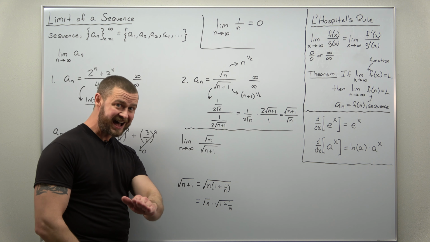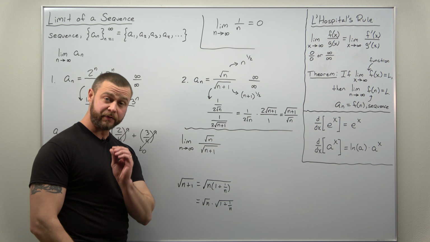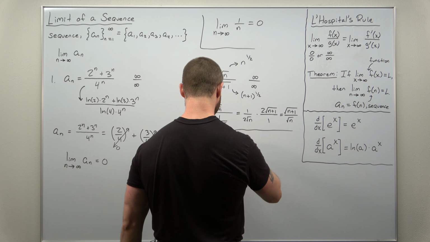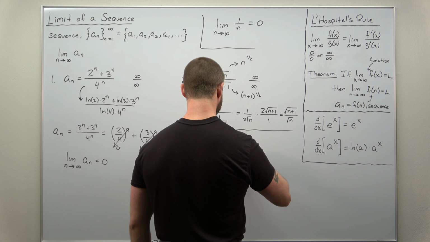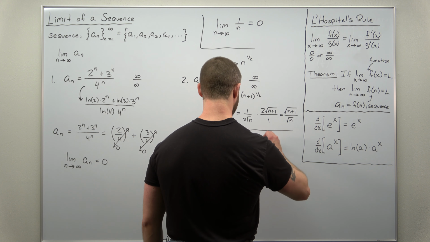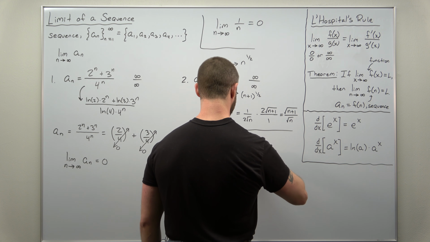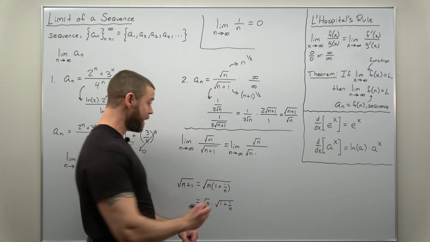Again, we are not applying L'Hopital's rule. We're just algebraically rewriting the term of our sequence. The limit remains the same, as n approaches infinity. And now we're making use of how we rewrote that square root in the denominator.